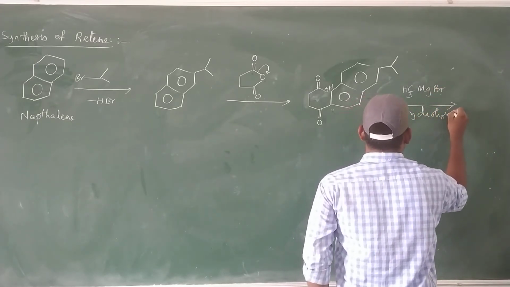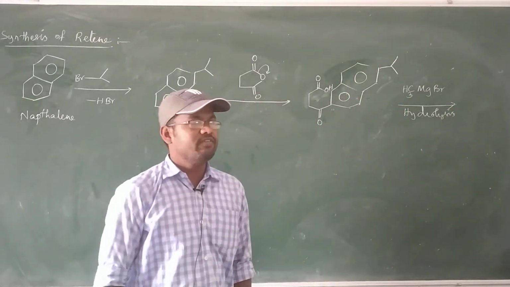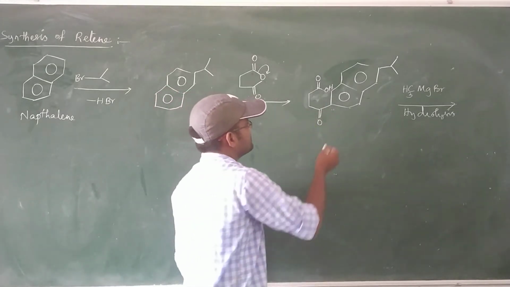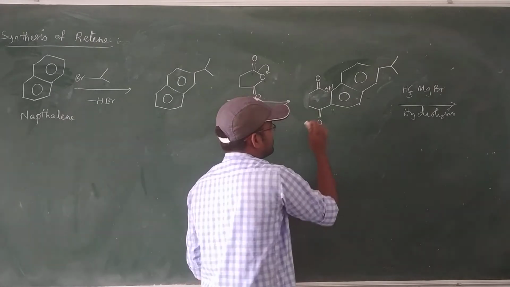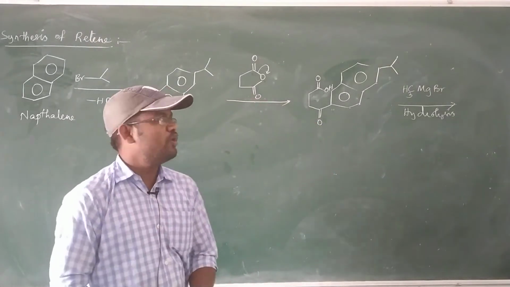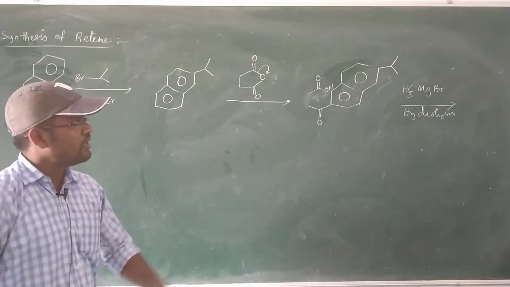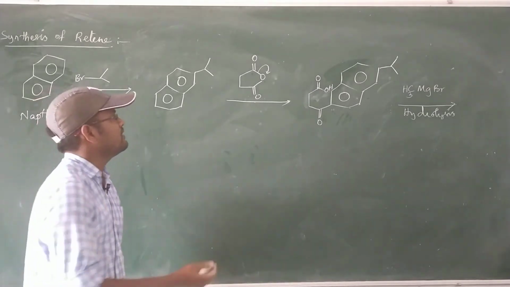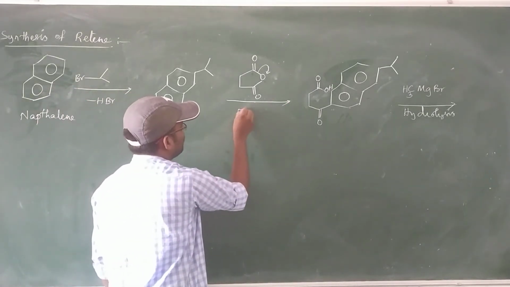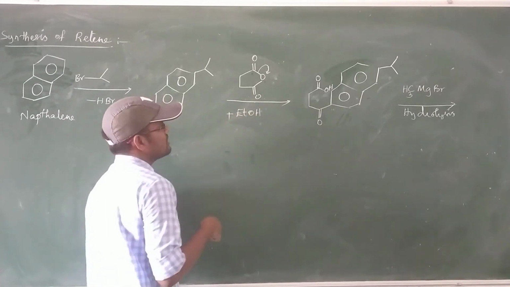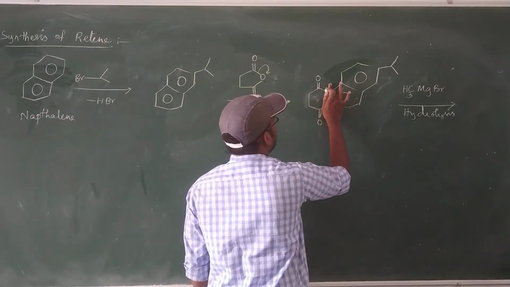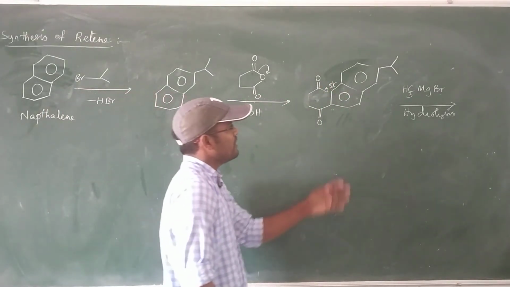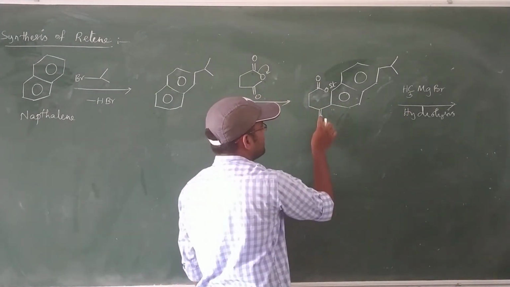We already know Grignard reagent reacts only with carbonyl groups, like in this structure the carbonyl group is in the form of C double bond O. Before treating with Grignard reagent, the structure is treated with ethanol, EtOH. Simply OH is converted into OEt. Ester formation takes place.